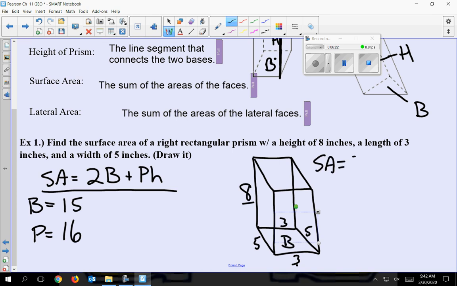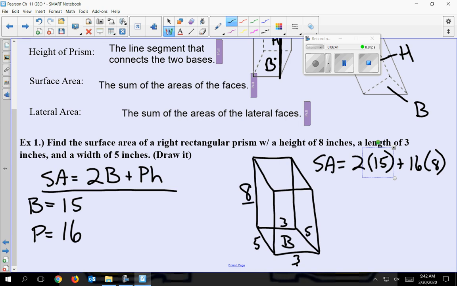So 2 times the area of the base, that's really, in this case, the top and the bottom. The base was 15. The perimeter was 16. And the height is 8. Okay.